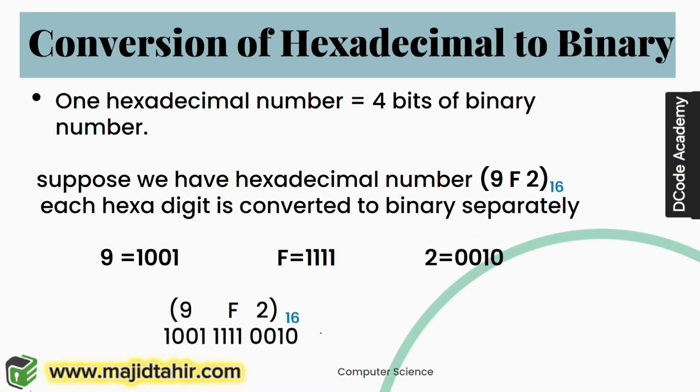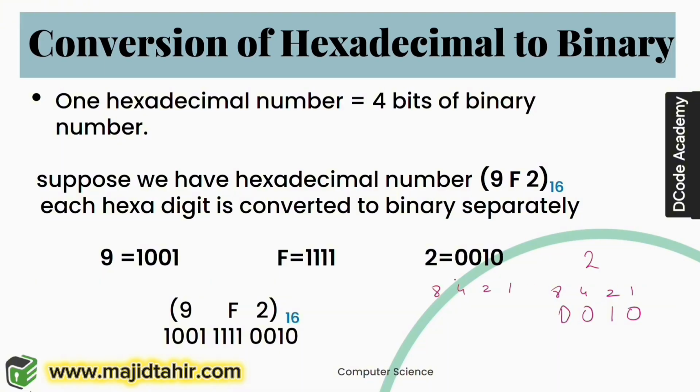Moving forward, when we have to convert a hexadecimal number to a binary number, we do the same process in reverse order. For example, we have the number 9F2, which is base 16, a hexadecimal number. Now 9 is converted separately, F is converted separately, and 2 is converted separately. Again 1, 2, 4, 8: to convert 2 we write 0010, which gives 2.